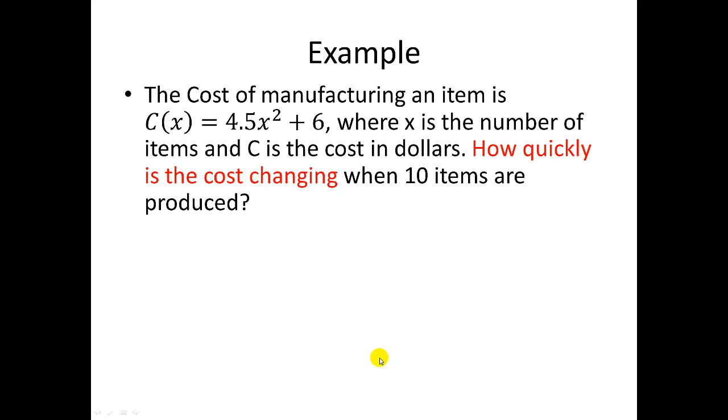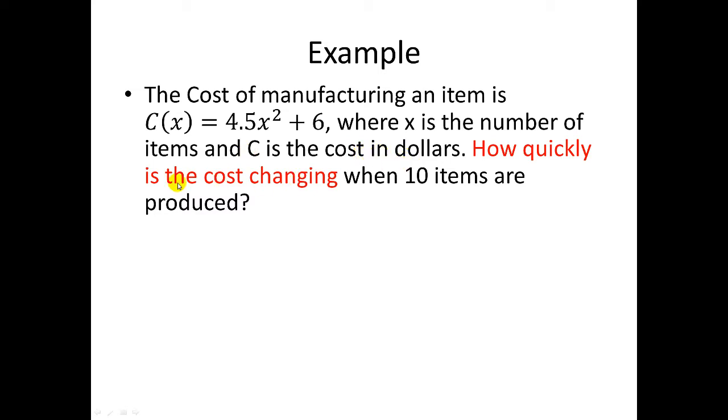So if we do just an easy example without Excel or anything, say the cost of manufacturing an item is C of X equals 4.5 X squared plus 6, where X is the number of items and C is the cost in dollars. Then my X is number of items and my Y is cost in dollars.